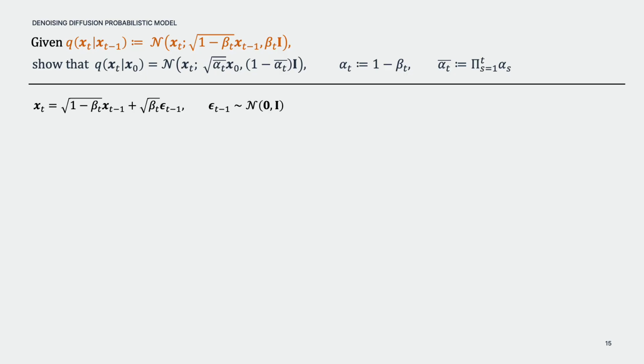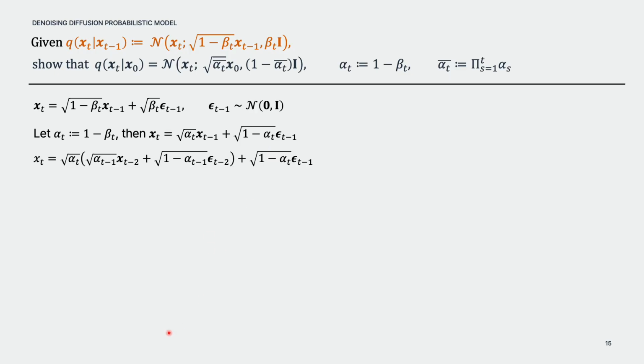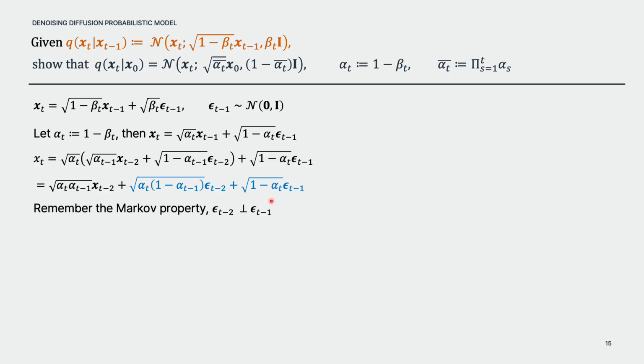So xt was defined as follows, and here we use the reparameterization trick. And let alpha t be 1 minus beta t, and we can simply substitute beta t with alpha t. And if we plug in the same formula for xt minus 1, we get this. If we look at these two blue terms, we have to remember that epsilon t minus 2 and epsilon t minus 1 are independent.